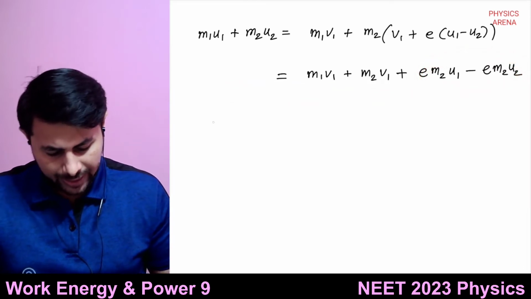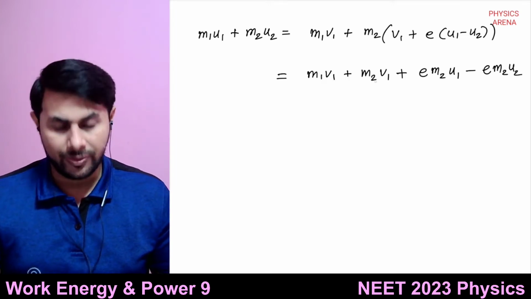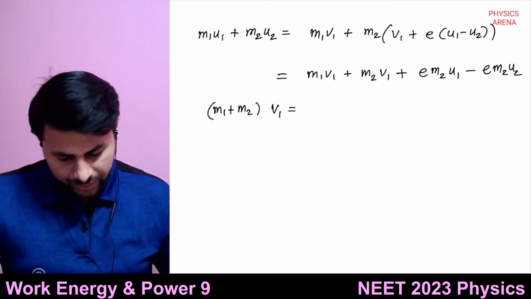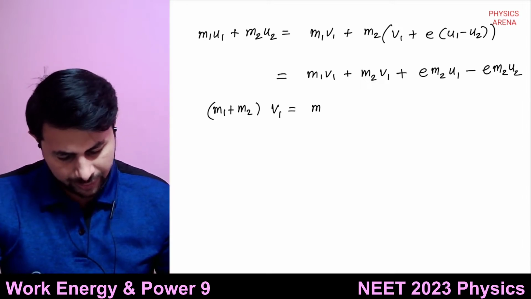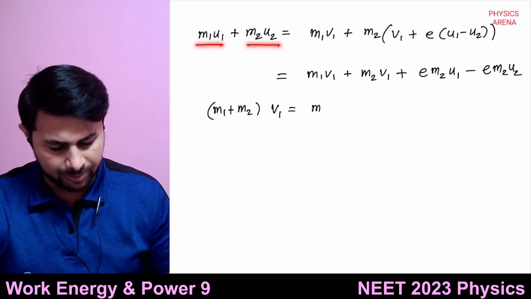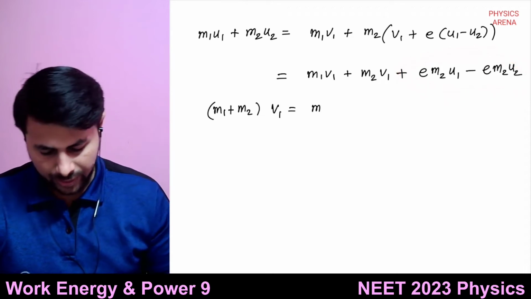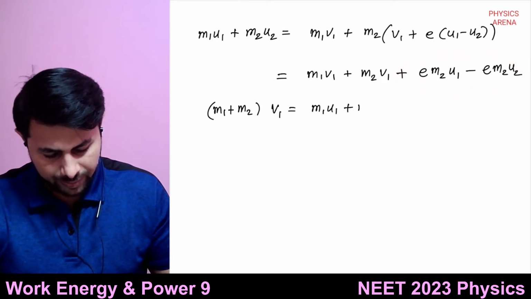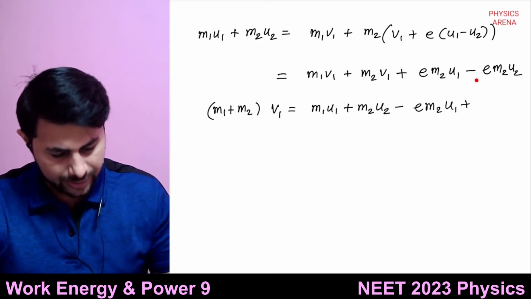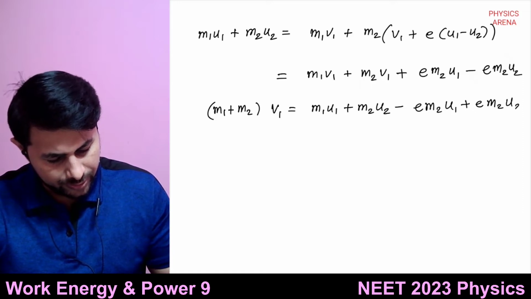I will take v1 common, so (m1 plus m2) multiplied by v1 is equal to what? We are left with m1 u1 plus m2 u2 minus e m2 u1, and if we shift the other term to the other side, it becomes positive, so plus e times m2 u2.